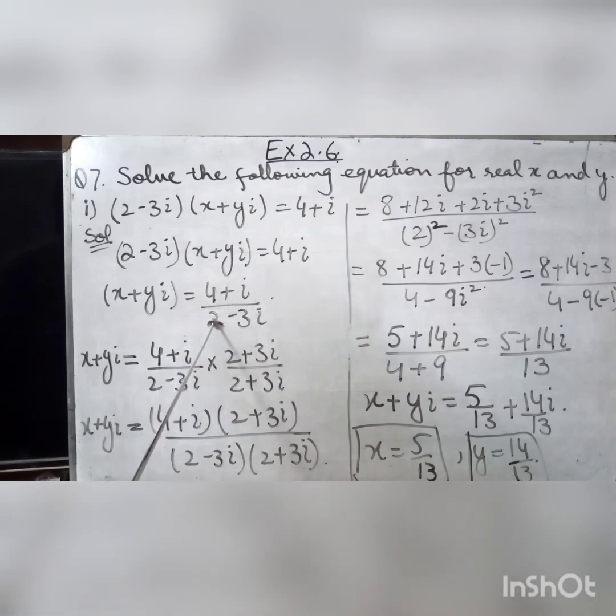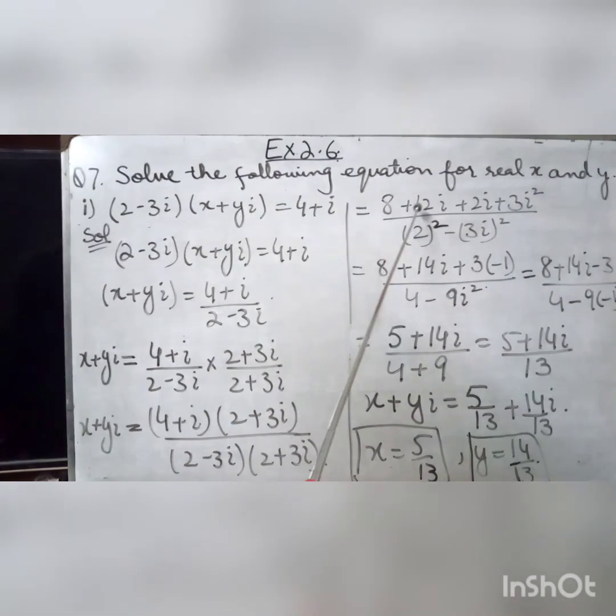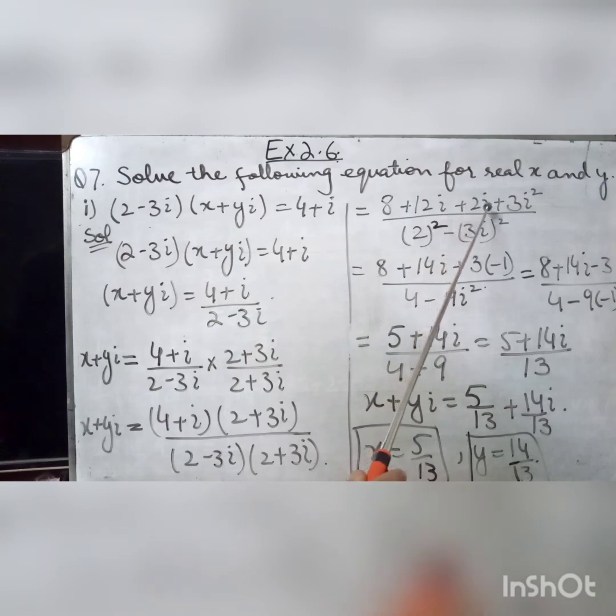Take the conjugate of 2 minus 3 iota, which is 2 plus 3 iota, multiply and divide with this expression. We have 4 plus iota into 2 plus 3 iota divided by 2 minus 3 iota into 2 plus 3 iota. After simplification, we have 8 plus 12 iota plus 2 iota plus 3 iota square divided by 2 whole square minus 3 iota square.